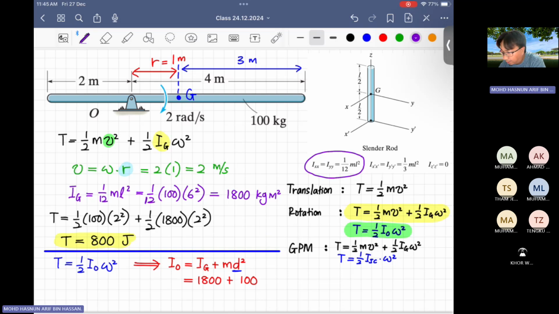This should be 300. IG is not 1800 but it is 300 kg meter square. Try recalculate. If 300, do you get it? This is 300 here.